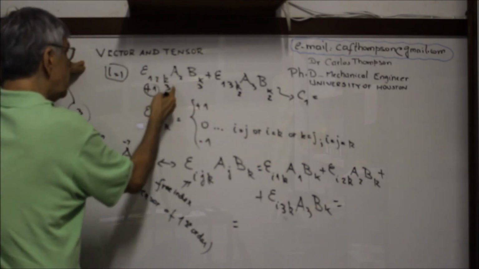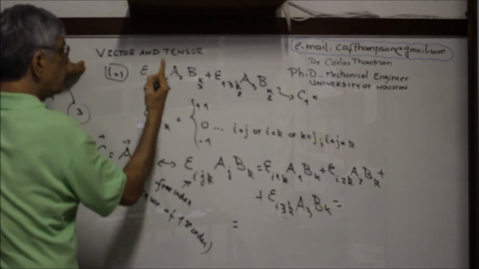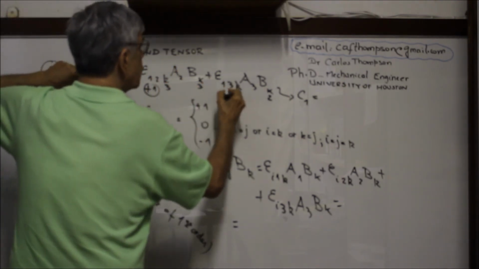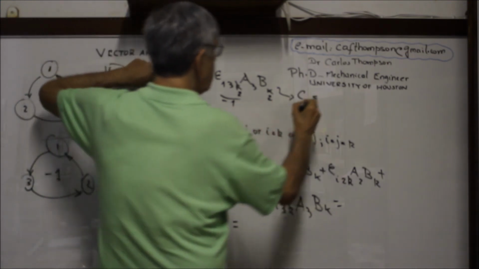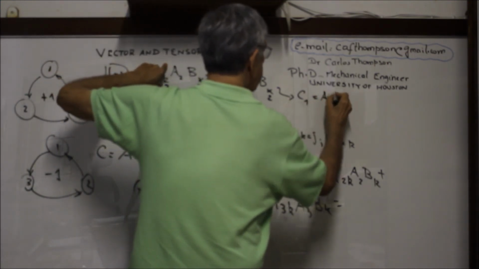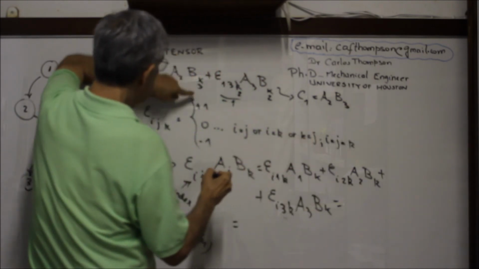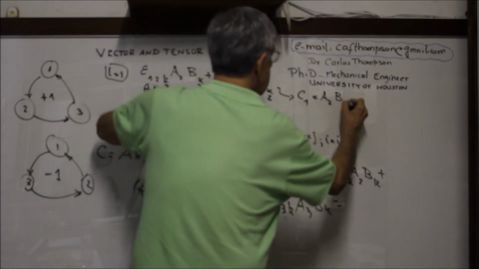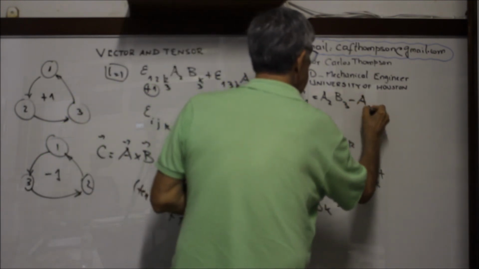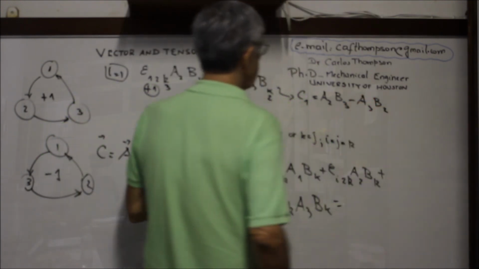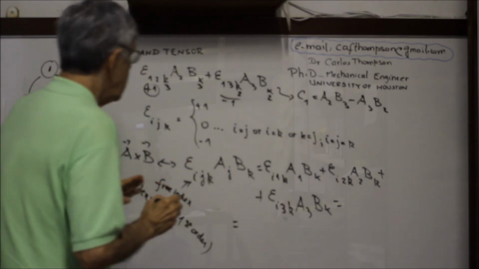I just move 3 to the middle here, I made one permutation, so for sure this is minus 1. So C1 is equal to A2 B3 minus A3 B2. You see how simple it is?